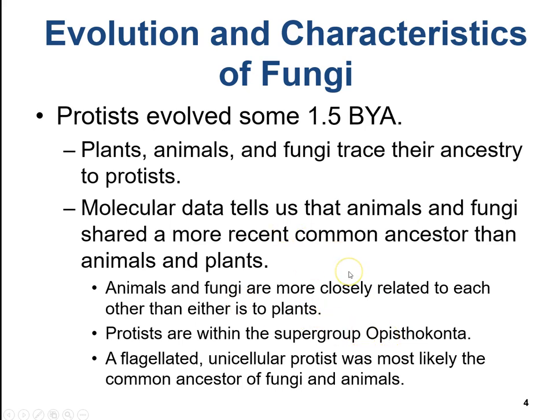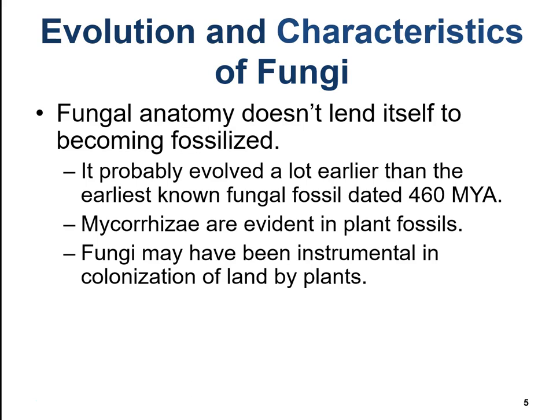So fungi are more closely related to animals than they are to plants. Again, remember, they're within this supergroup that's shared with animals, okay? So that's what it's saying here. All right, so this is a flagellated unicellular protist, was most likely a common ancestor of fungi and animals, and we kind of talked about that in the last chapter.